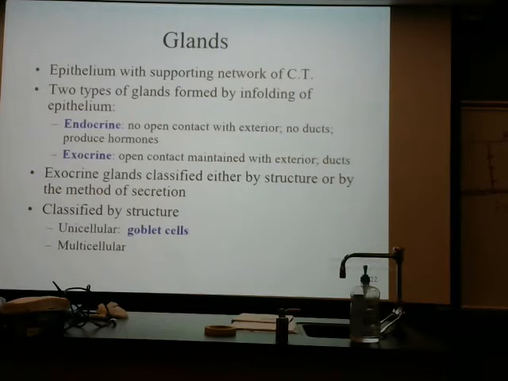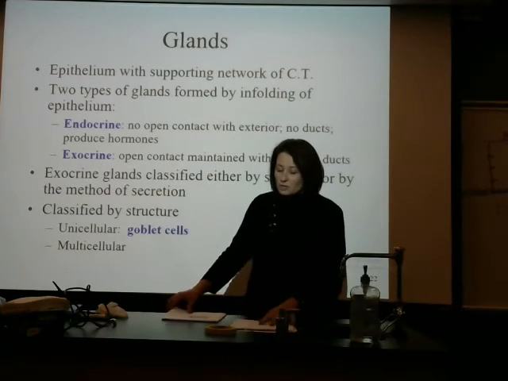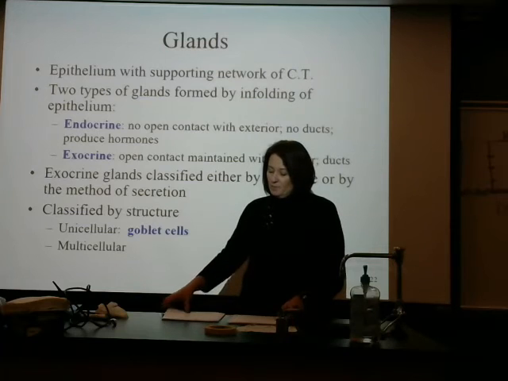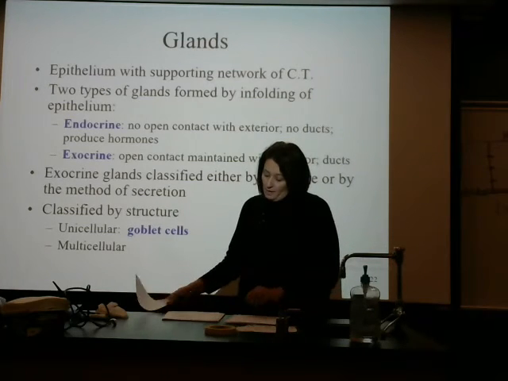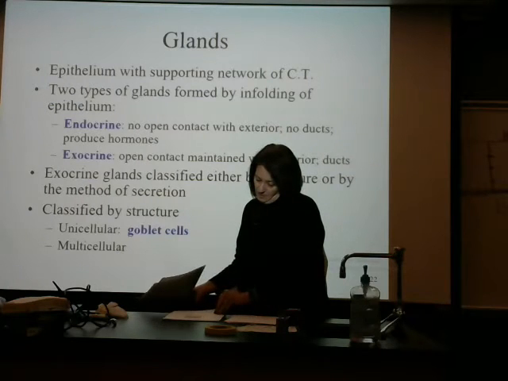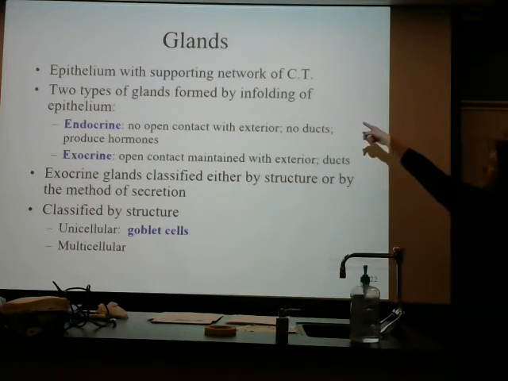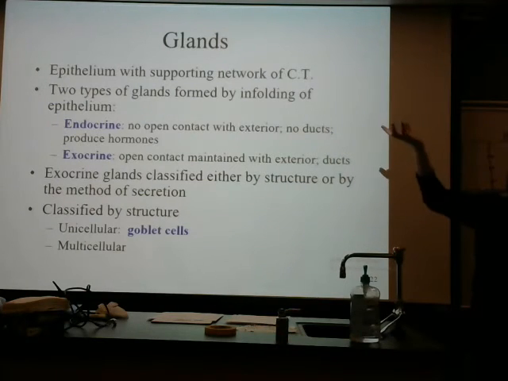The epithelium that you're going to find making up the glands, which is a part of the structure that we get with epithelial tissue. Glands, once again, we're going to have a supporting network.